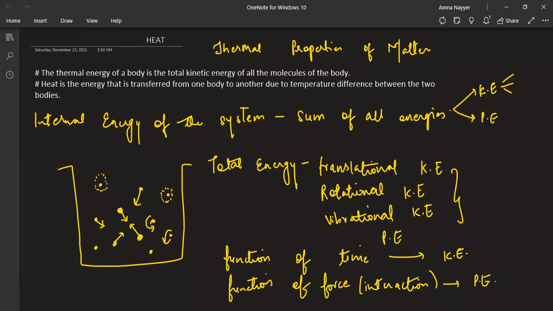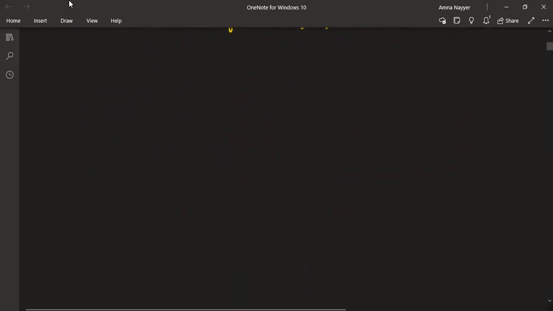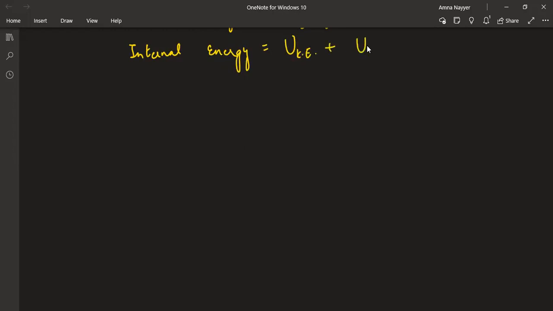Fine. Now see what will happen. So I can write the total internal energy as kinetic energy plus potential energy.